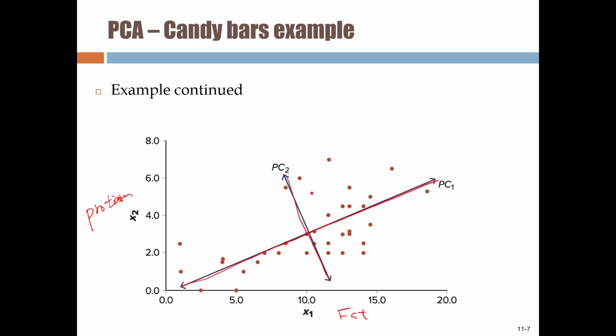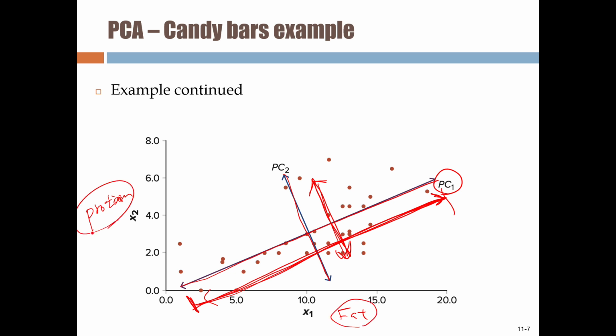This variation is way bigger than this variation. So if we have to take only one variable as a predictor, if we take this one, PC1, it will be a way better predictor than fat only or protein only.